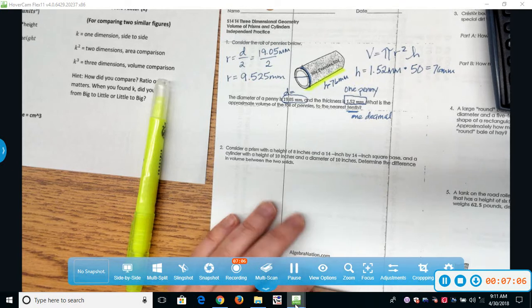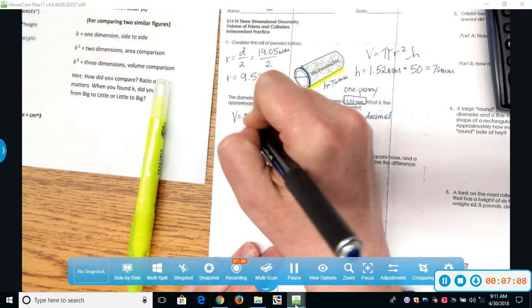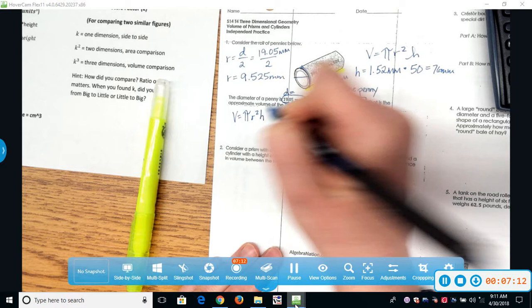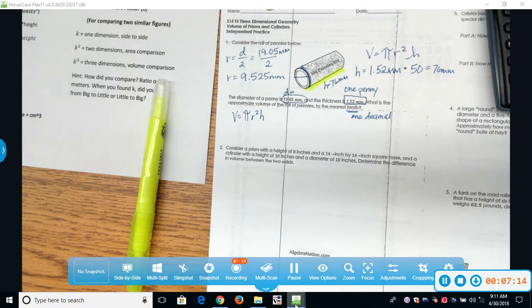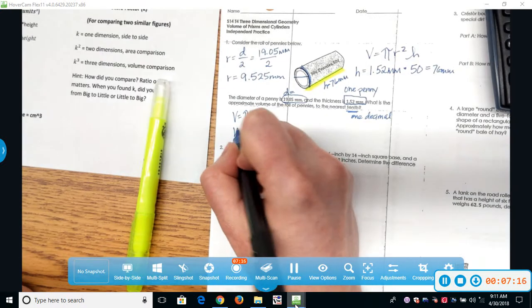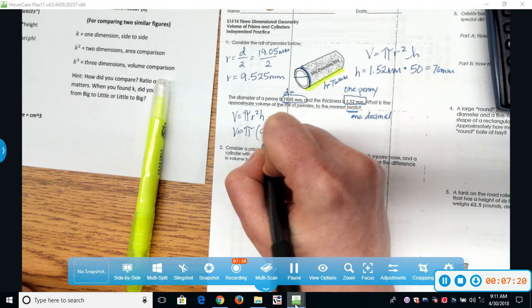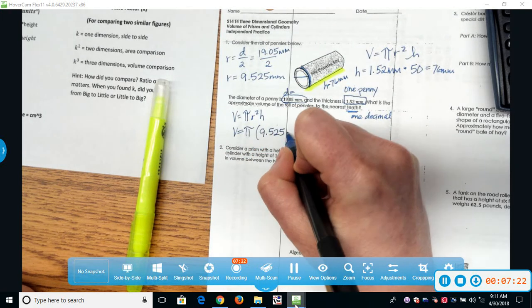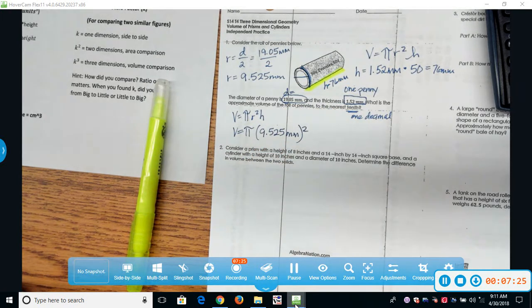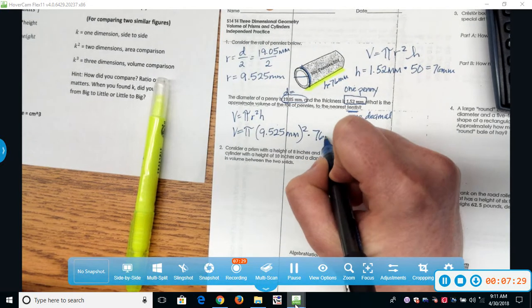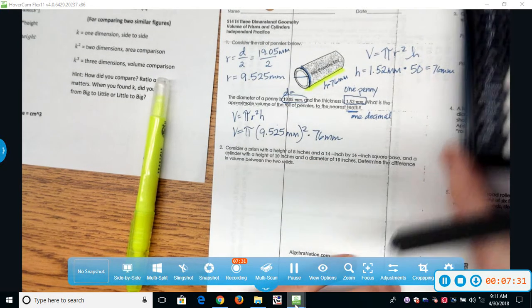All right, so now I have all the pieces of the puzzle that I need in order to plug in to my volume equation. So I'm going to sub in those things. My radius, 9.525 millimeters. I square that times the height, 76 millimeters.